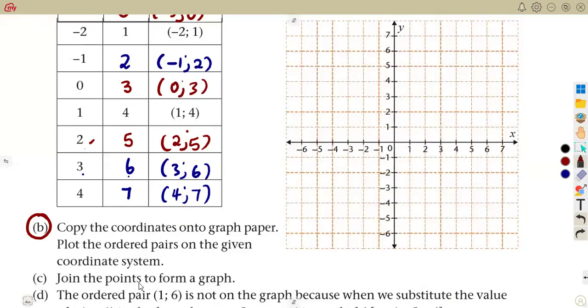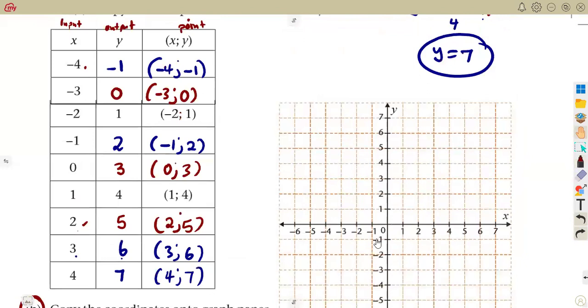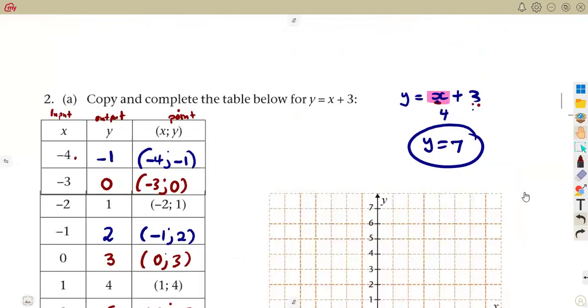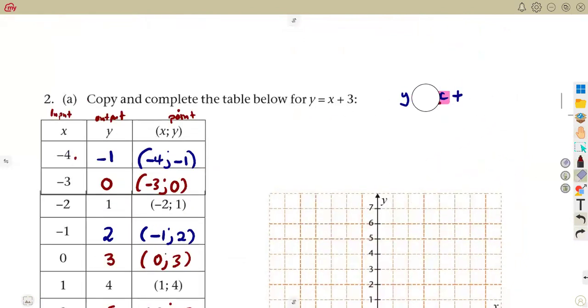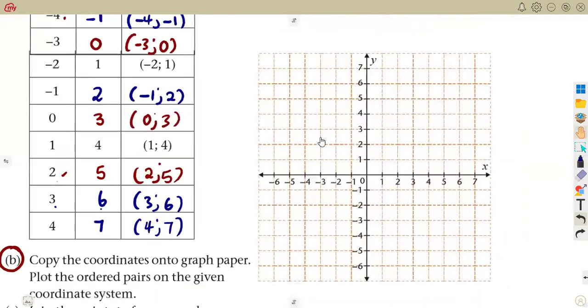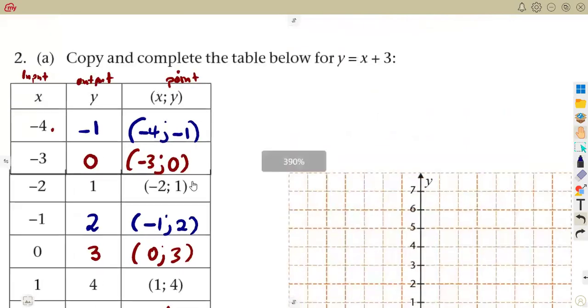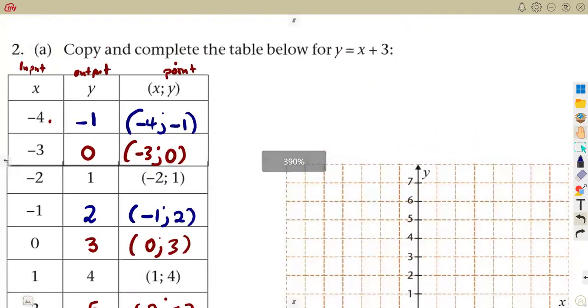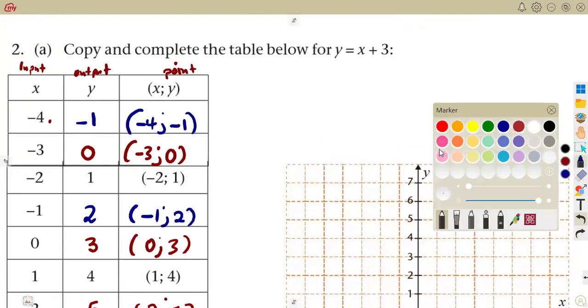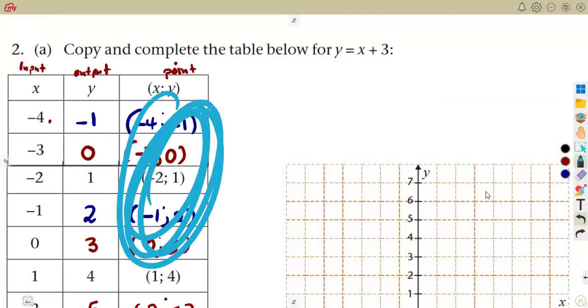Then join the points to form a graph. In order for you to draw this line at the end, you're supposed to join the points. But the first thing is to mark these points on the graph. On our graph, we need to mark this point. Remember, in our previous class, we were focusing on marking of the points.